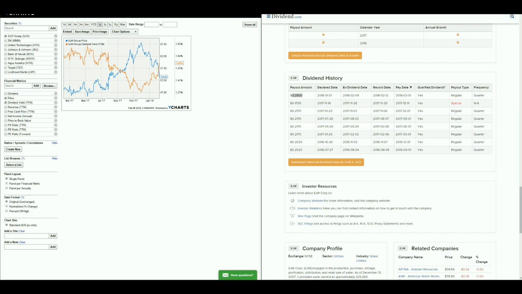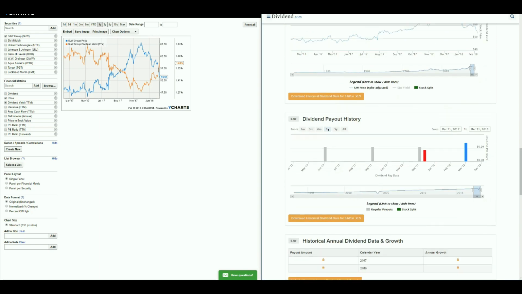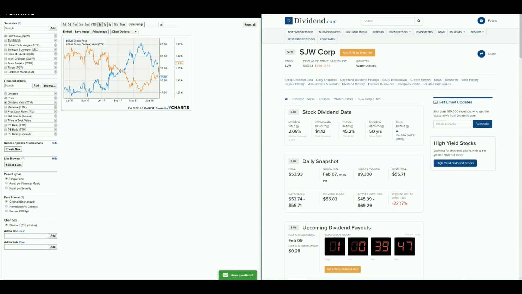Just busting out my handy dandy calculator, we take the current one, which is 28, subtract the past one, which is 21.75, divide by the past one, 21.75, and multiply by 100. That gives us an increase of 28.73. So that is a very nice dividend. That's why it is considered a 3.9 rated company, with lots of years of increasing dividend growth.